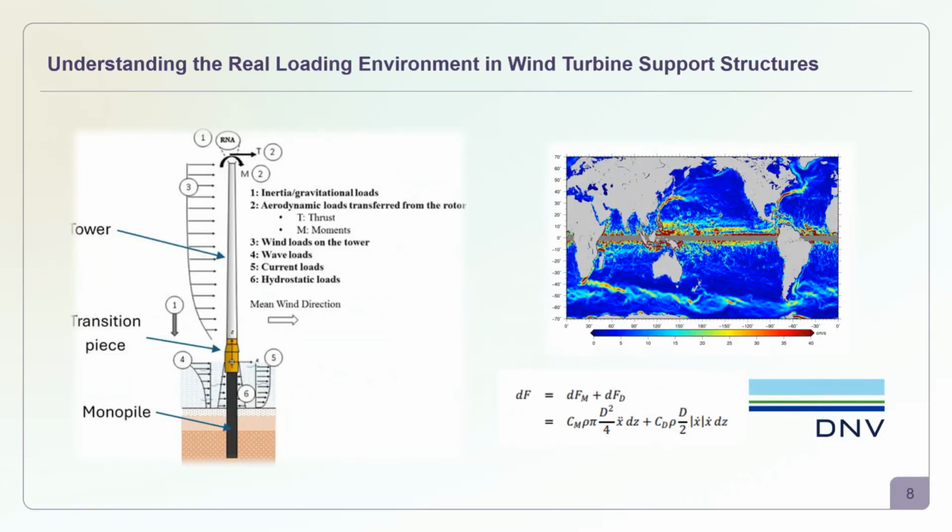So many of them, in this case all of them, act at the same time, simultaneously. And their magnitudes and directions are also constantly changing. So wind velocity, as we previously mentioned, changes with its height. Wind and wave loads change their magnitude, may act from different directions, and so on.